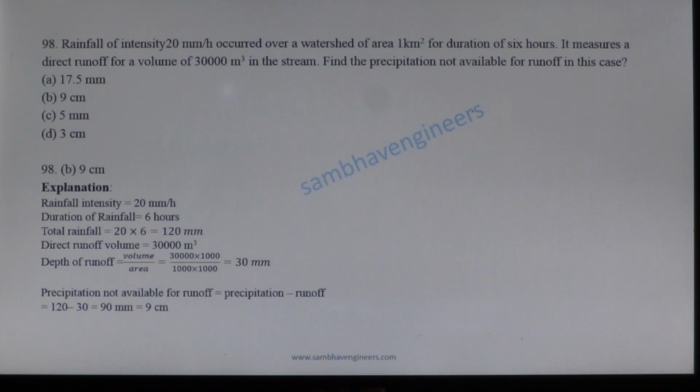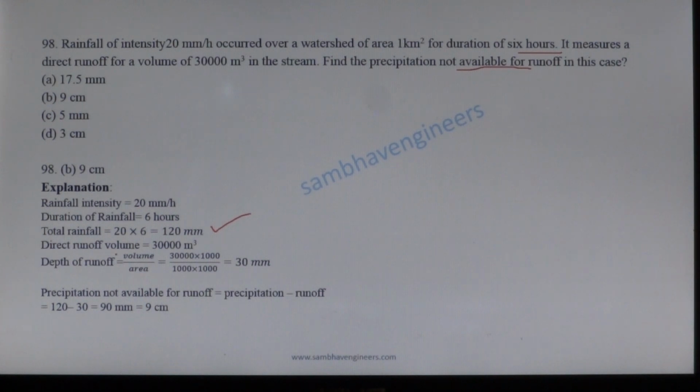Find the precipitation not available for runoff. Here rainfall intensity is 20 mm per hour. Rainfall duration is 6 hours. So total rainfall in 6 hours is intensity multiplied by time, which is 120 mm.